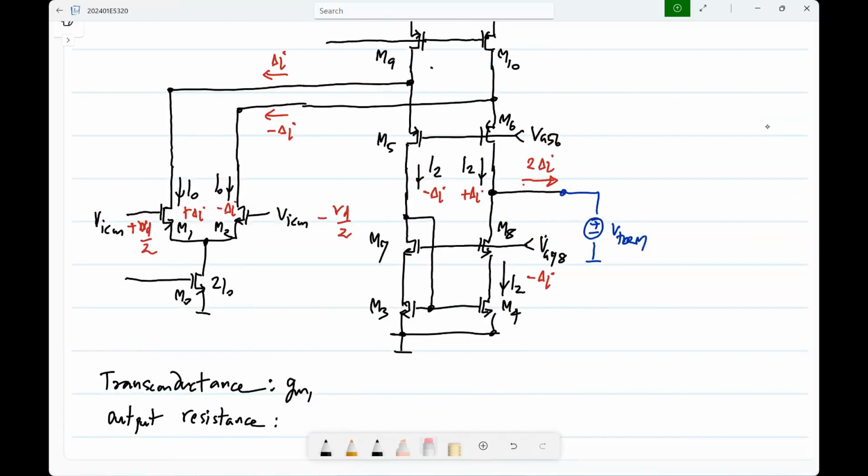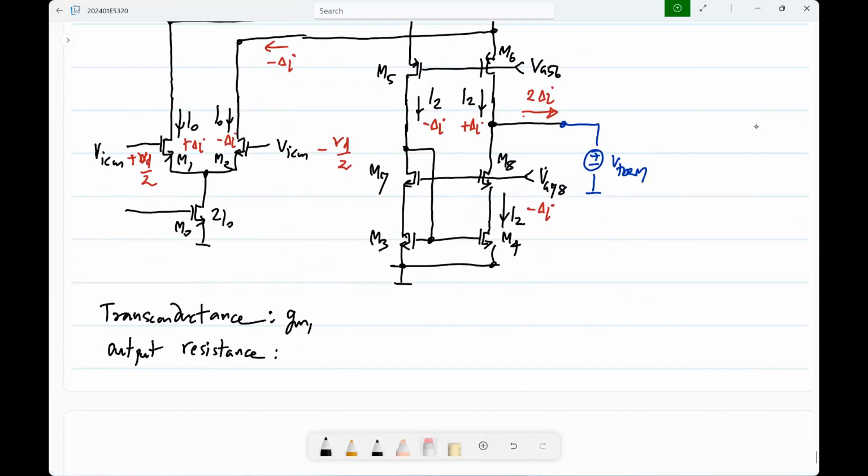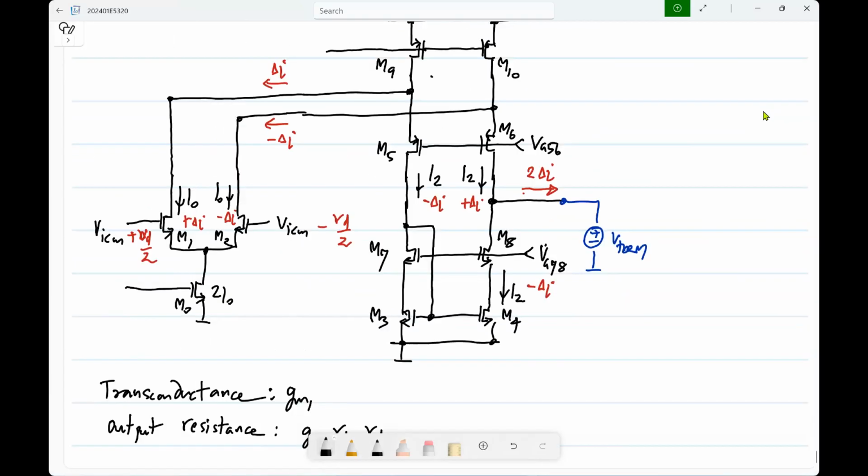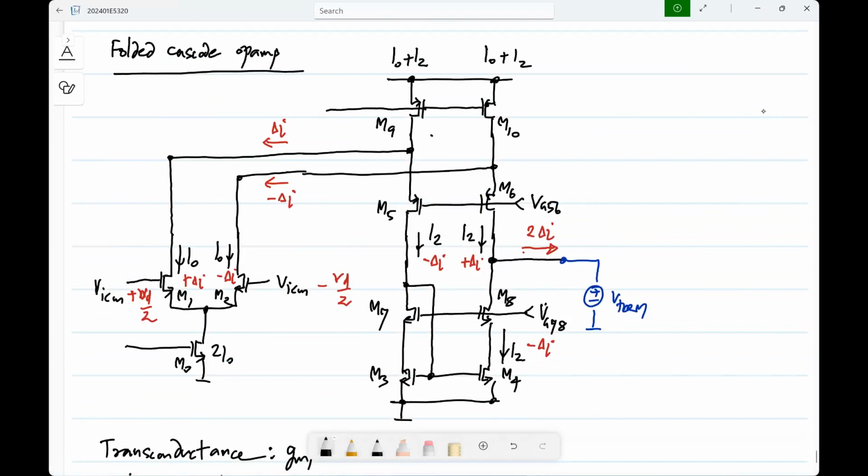So what is the output resistance looking down? Yeah, it is GM7, RDS7, RDS3, same as before, right? What about looking up? What is the output resistance looking up?